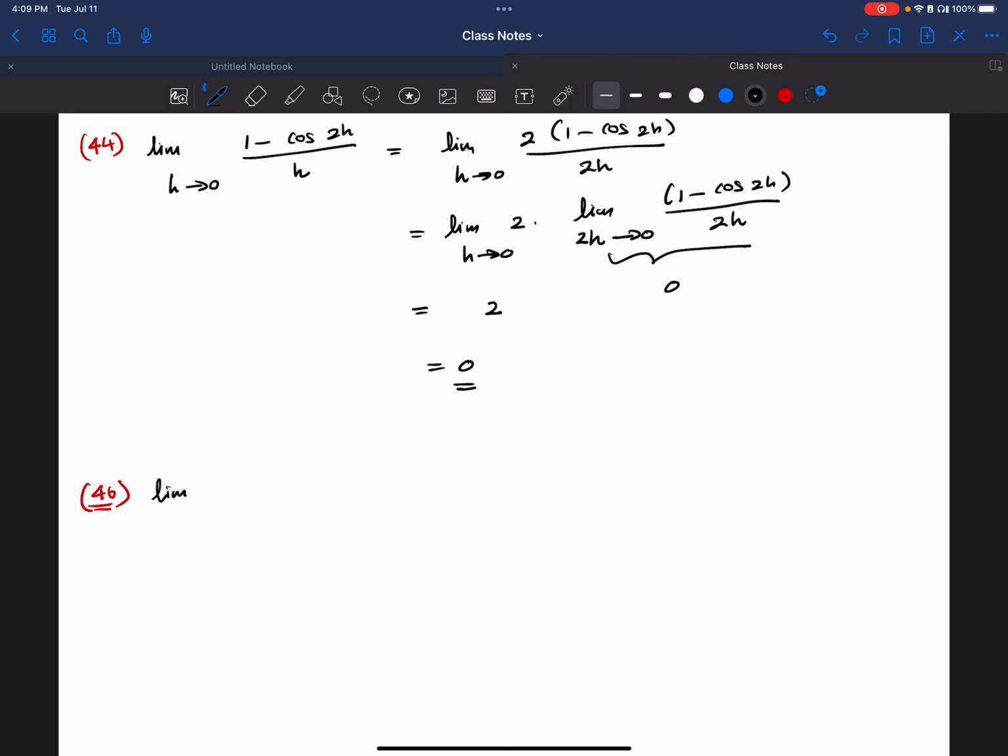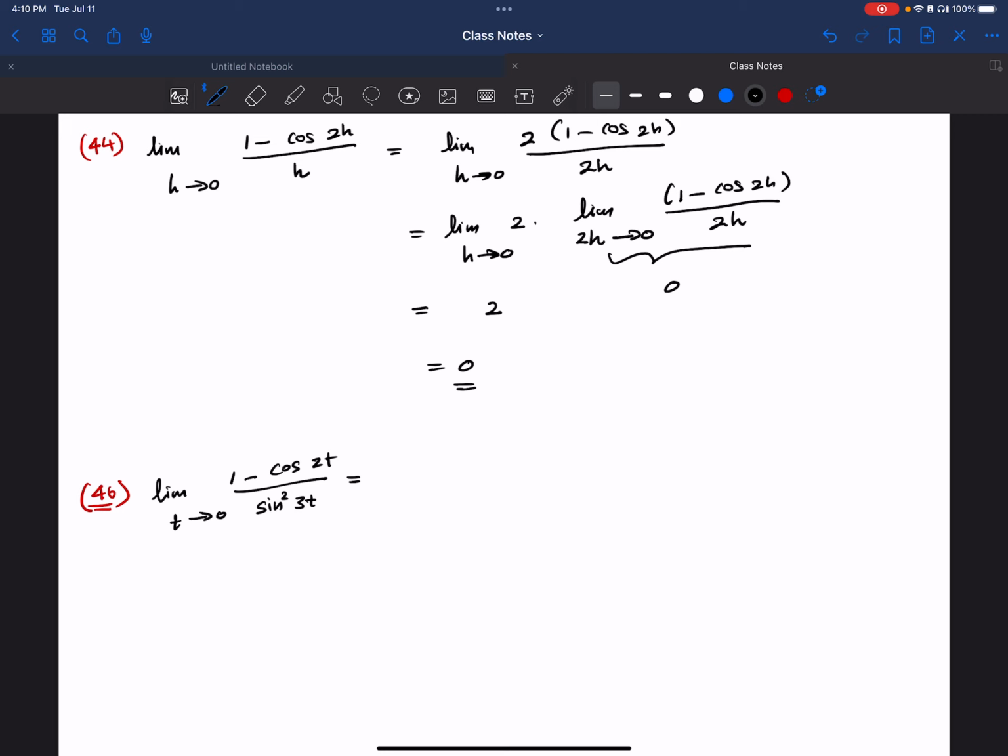Limit as t goes to 0 of 1 minus cosine 2t divided by sine squared 3t. In this case, we have sine squared 3t, and we can write cosine 2t in terms of sine.